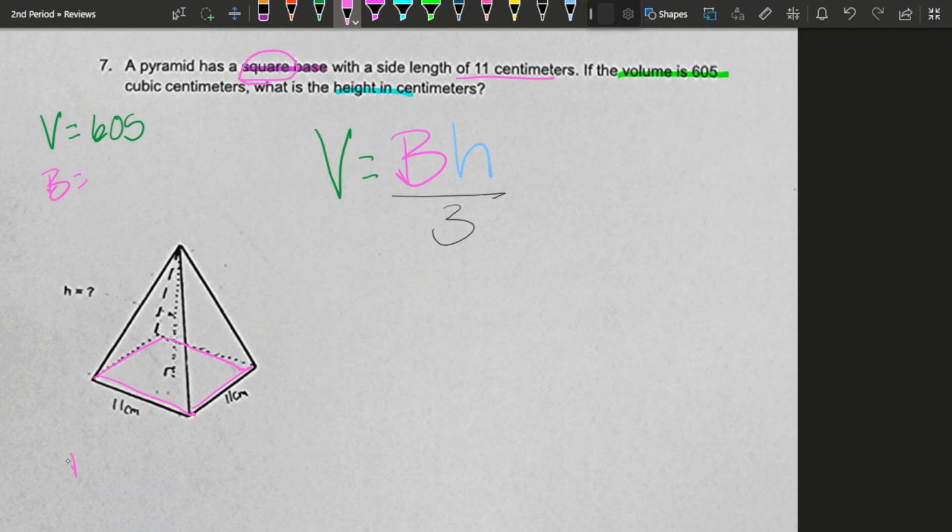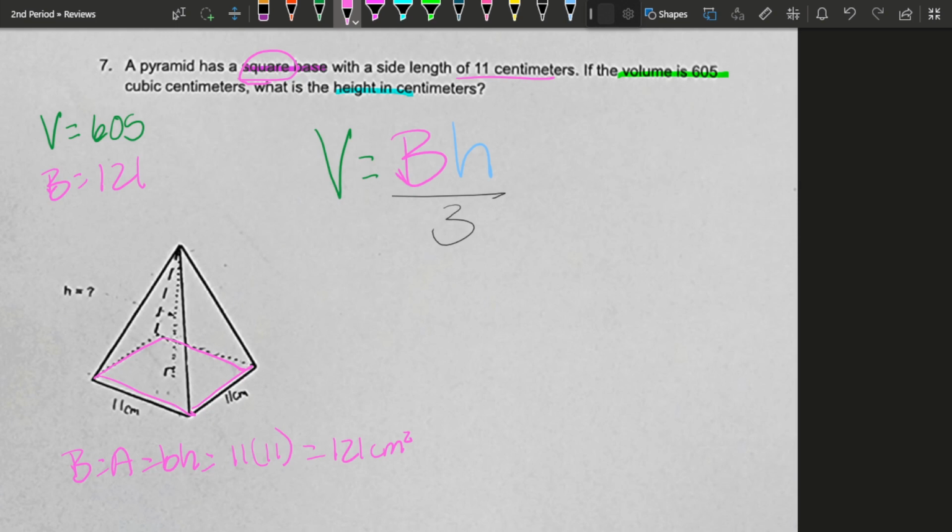How do you find the area of the square? Base times height, which is 11 times 11, which is 121 centimeters squared. So now, do we know uppercase B now? Yes. What is it? 121.